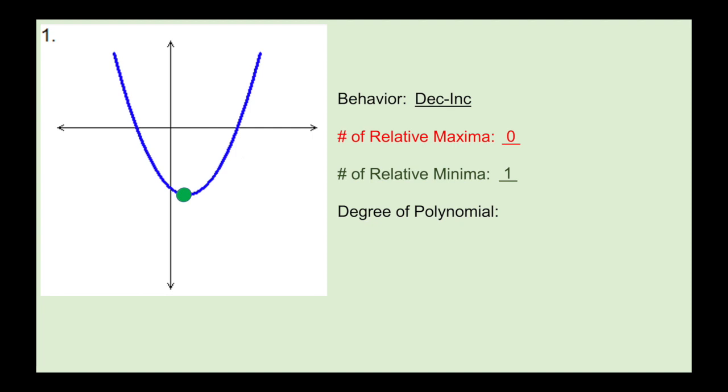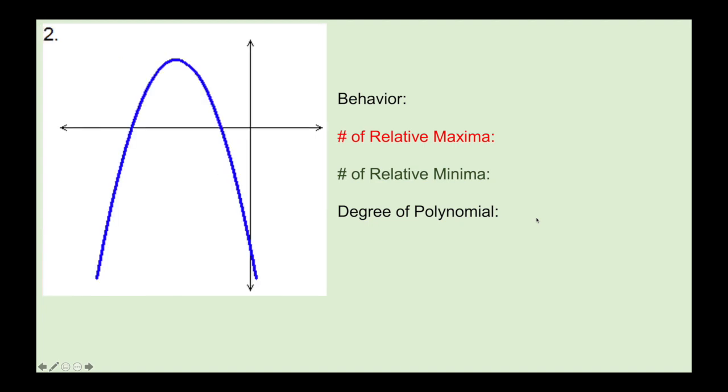The degree of this polynomial, if I examine how many times it crosses the x-axis, I can see that it crosses twice. Therefore, my degree of this one is going to be 2. And we want to look at some patterns that are going to start to form as I'm going through these different examples. Number 2, again, if I'm looking at the behavior here, starting here, it is increasing, then it's decreasing.